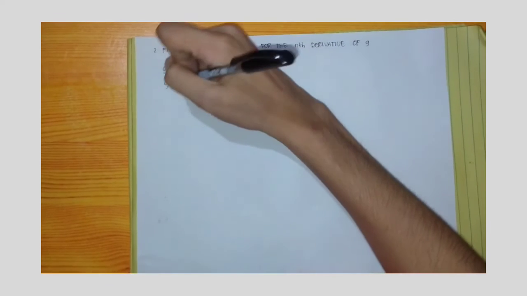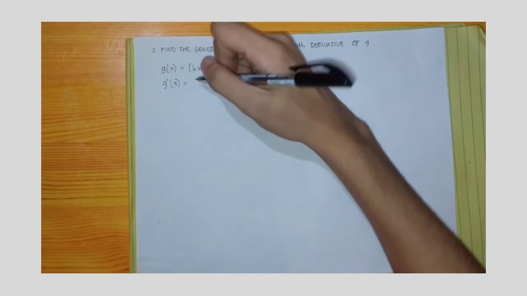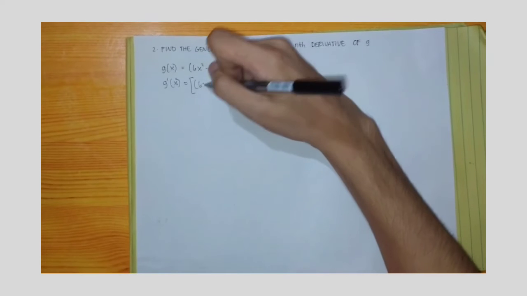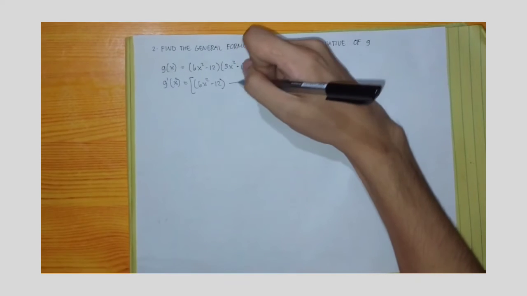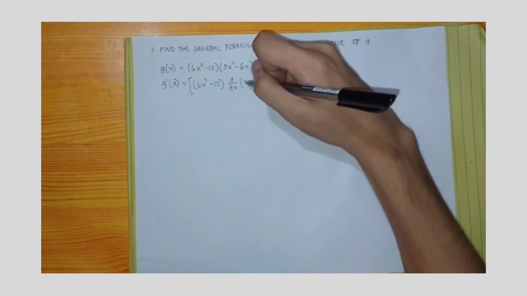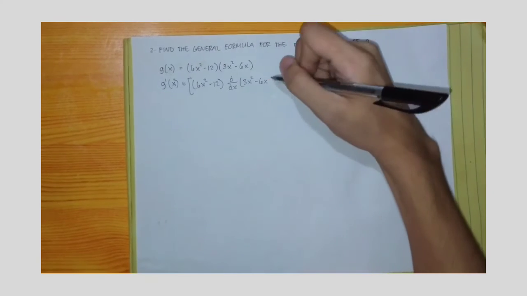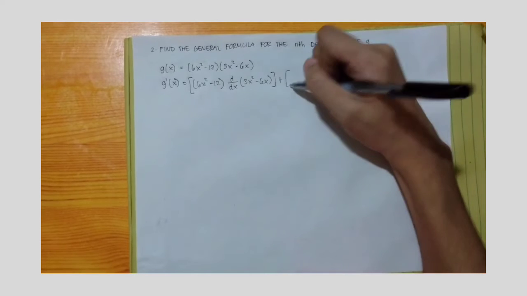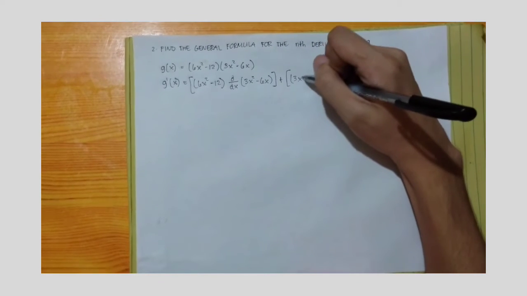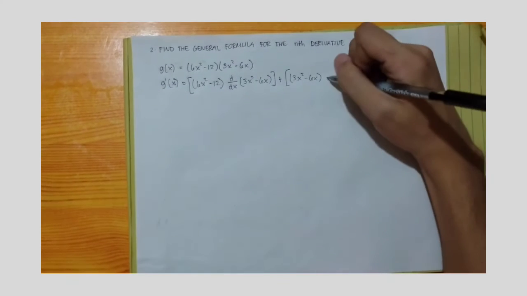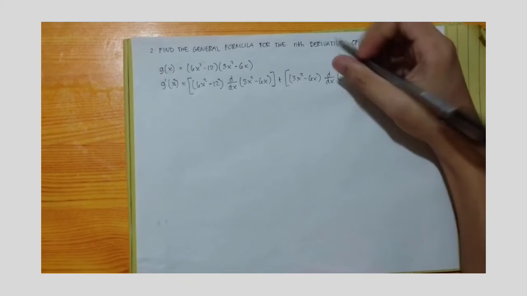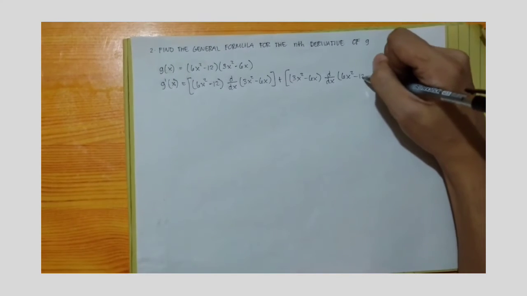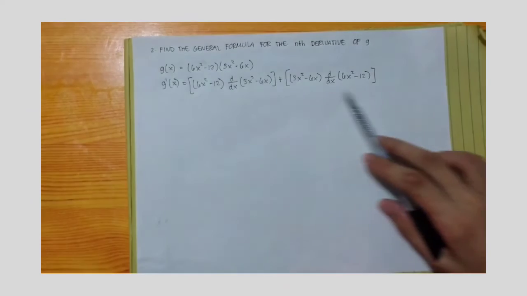So we will have g prime of x is equal to the quantity of 6x squared minus 12 times the derivative of 3x squared minus 6x, plus the quantity of 3x squared minus 6x times the derivative of 6x squared minus 12. We're going to simplify this function.